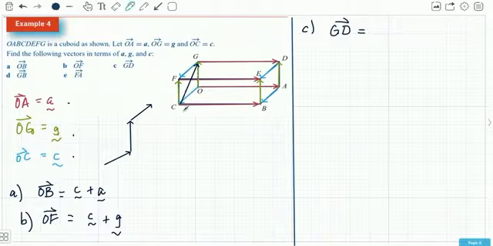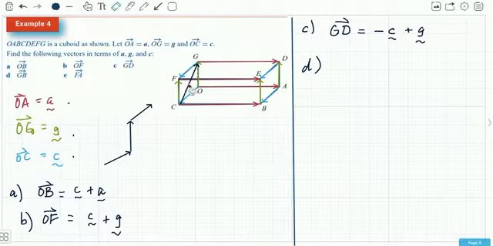To turn a vector around, remember that if this is a particular vector, let's call it D, negative D is just the same length but going the opposite way. So we can just look at the blue vector, which is C. We'd have to go backwards along it, so it would be negative C. But we can go the right way along O to G, which is G. So that would be C backwards and then up. That one's already aligned the right way.